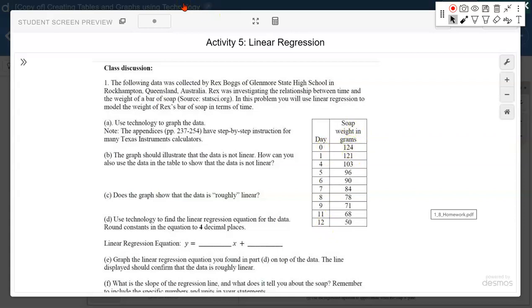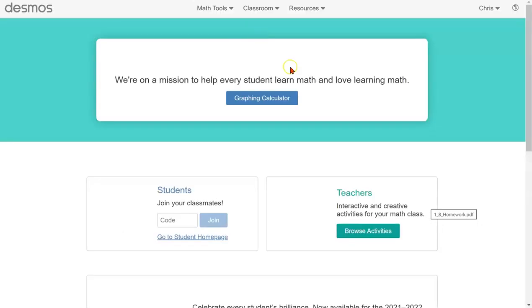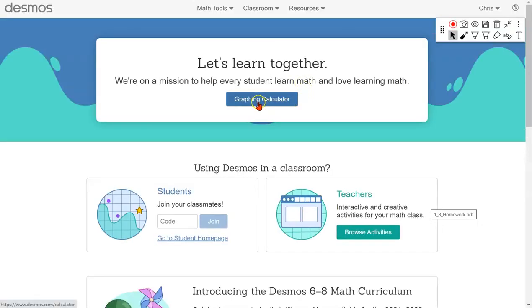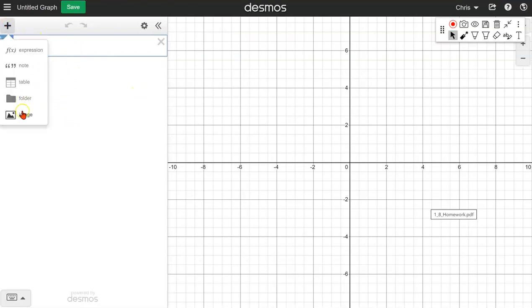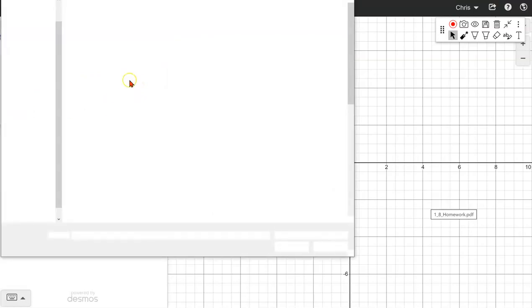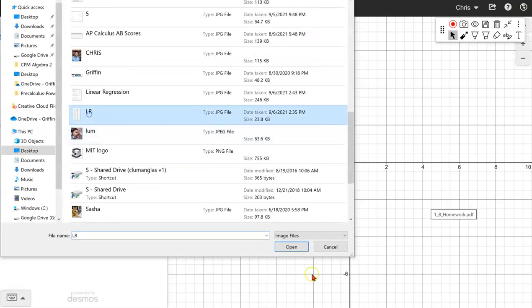So go to Desmos.com. So this is Desmos.com and choose graphing calculator. And we're going to need to enter our data here. So first I'm going to add the data.